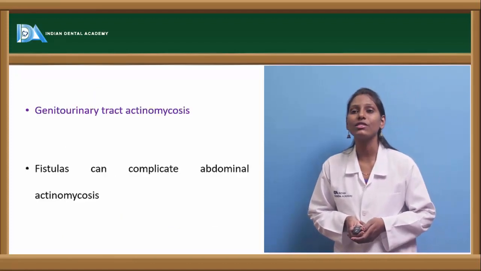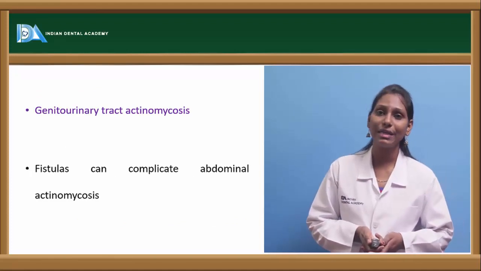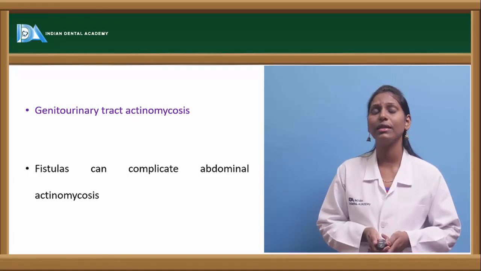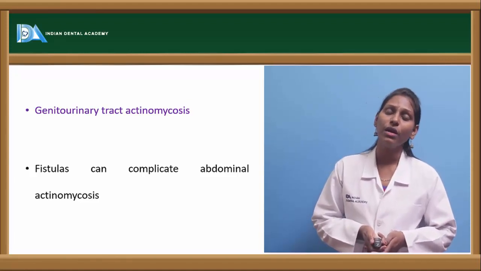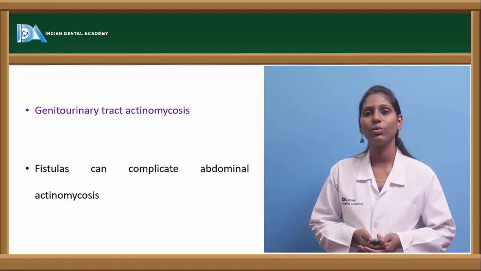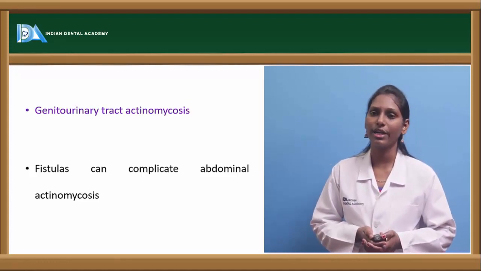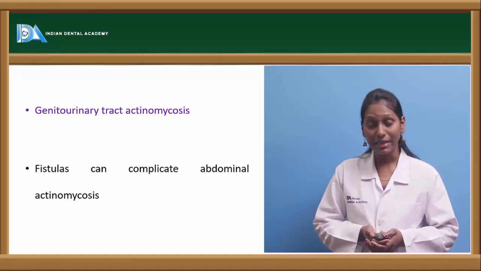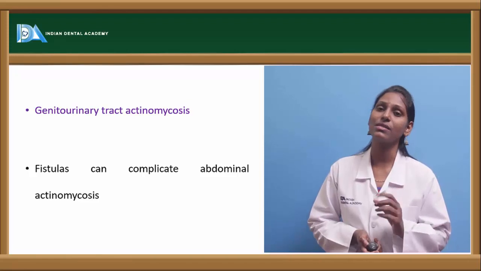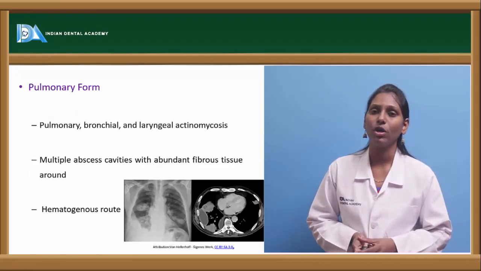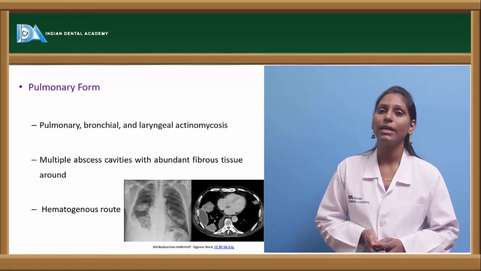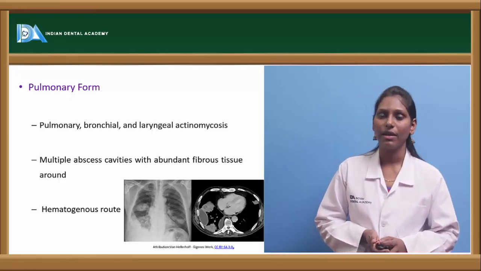The next one is genitourinary tract actinomycosis, which is usually seen especially in women who use intrauterine devices. In this form, if there are fistulas, it can complicate abdominal actinomycosis.